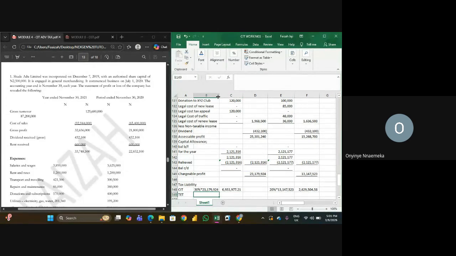So for the 2 years, I think TET is still 2%, not 2.5, 2%. So we have 2% of the assessable profit, 25,301,242.